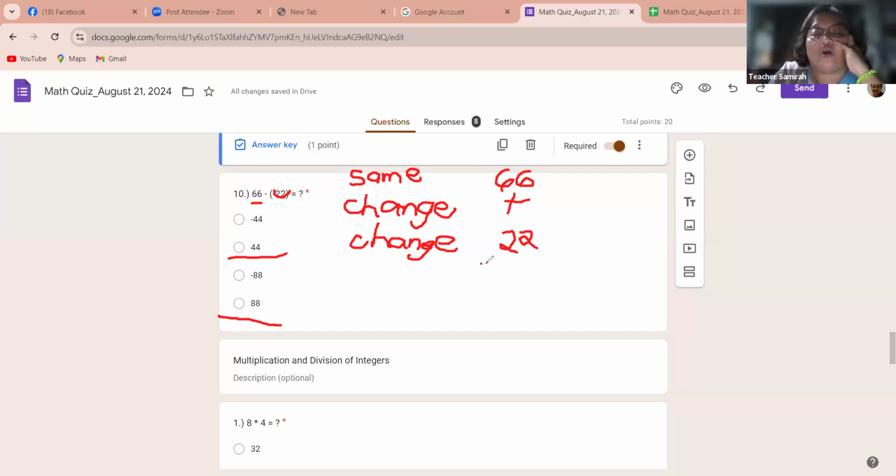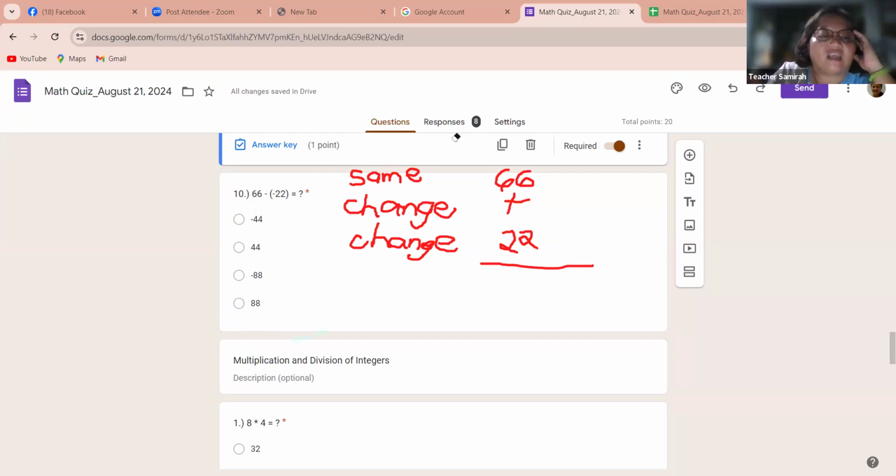We are going to add this one since they have the same sign. 66 plus 22 is? 88. Is it 44 or 88? 88. Okay, let us see if you are all correct.